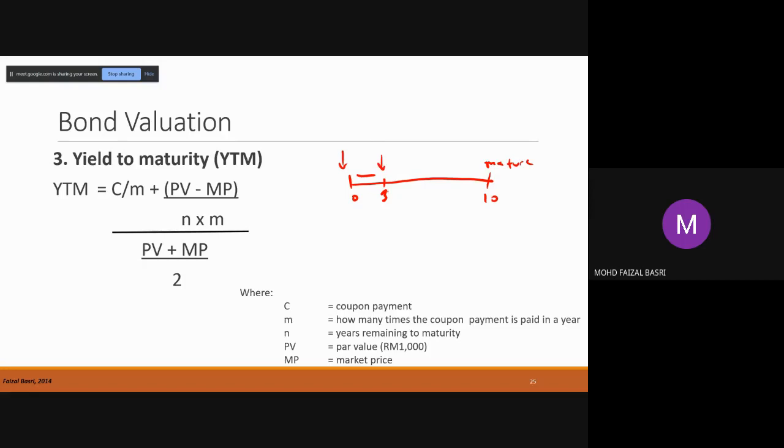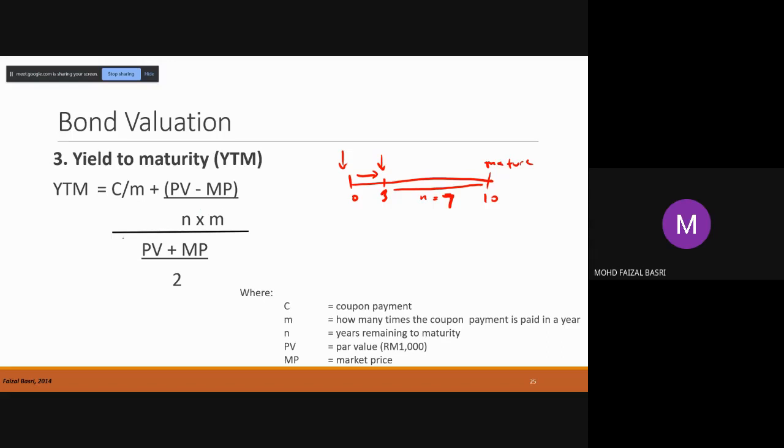So the N, if we want to calculate, is just the remaining years, which in this case is 7 years. So N refers to how many years left until maturity. You need to identify yourself based on the question whether it is now or somewhere in the future.